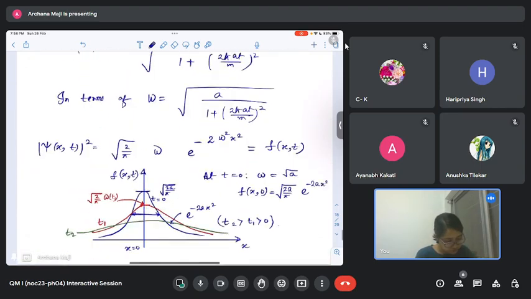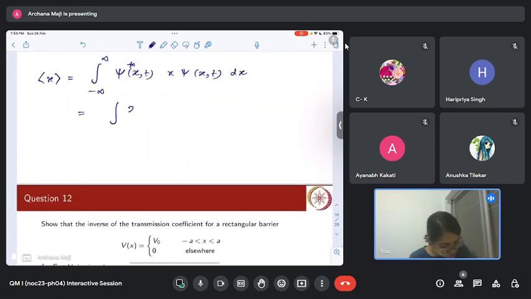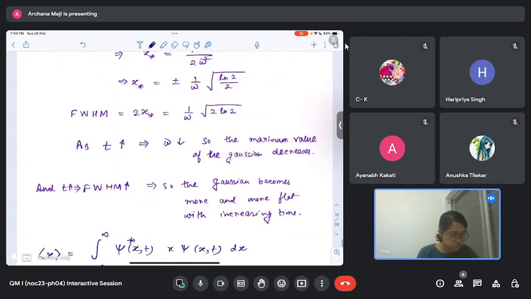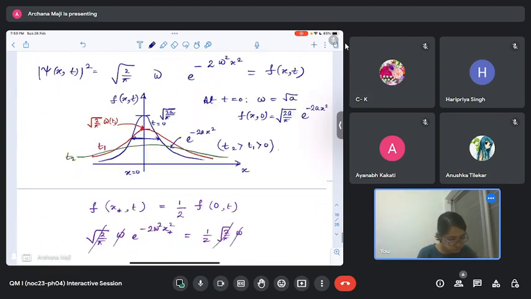It's here, 2 over pi omega square, but omega square is independent of x, so this is constant, then x exponential minus 2 omega square x square.